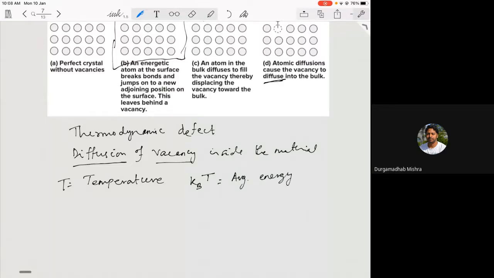So some atoms can have a little bit higher than this energy, some atoms can have lower than this energy, but the average energy at equilibrium will be kB into T. And this will create an equilibrium distribution of vacancies.